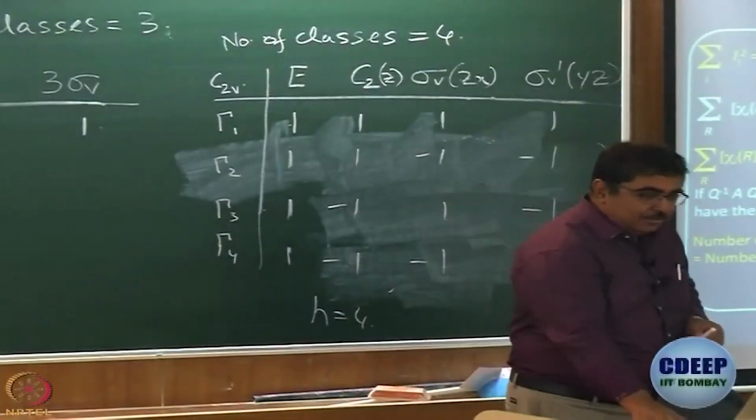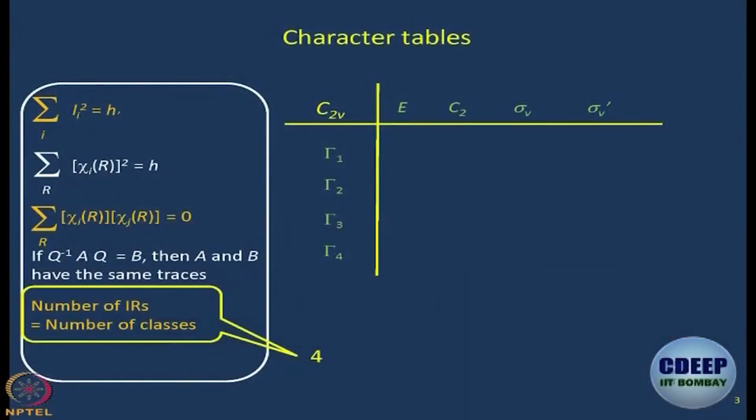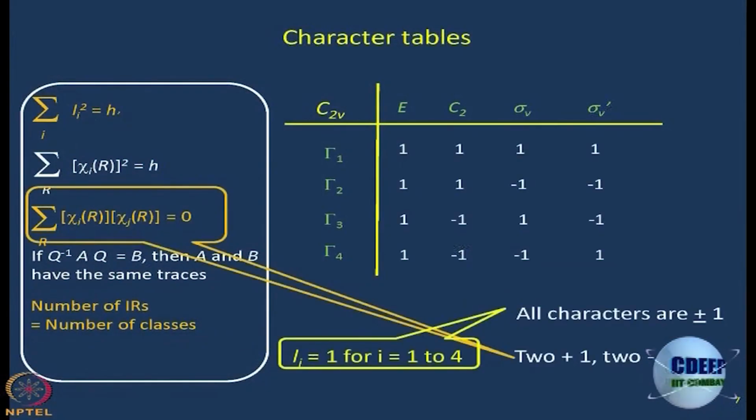Fine. So, this is what we have done so far. This is where we have reached in the discussion so far. Now, we start talking about character tables of somewhat more complicated groups as well, and we also talk about the nomenclature.